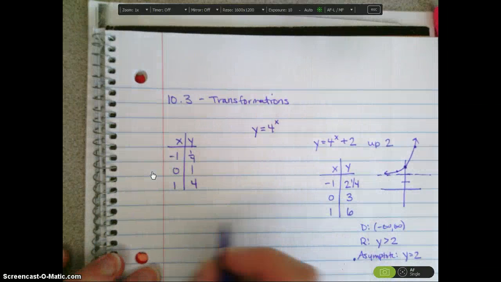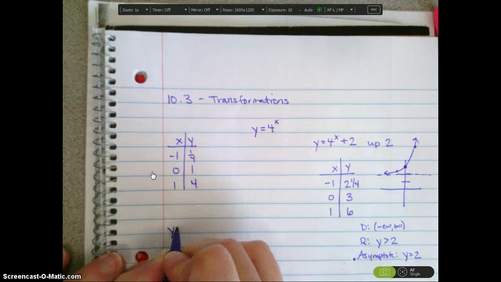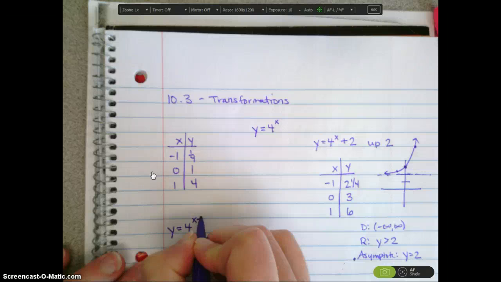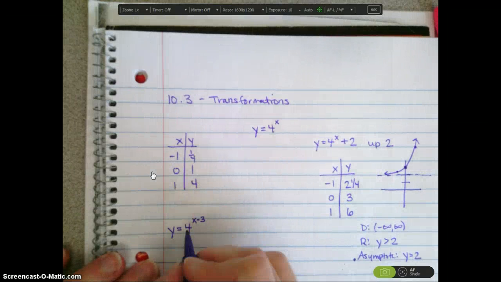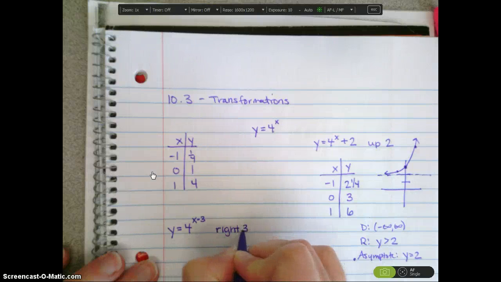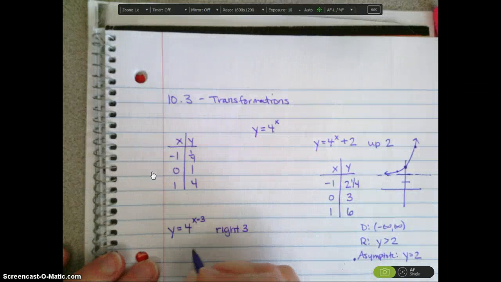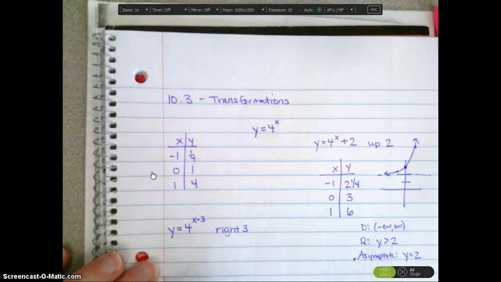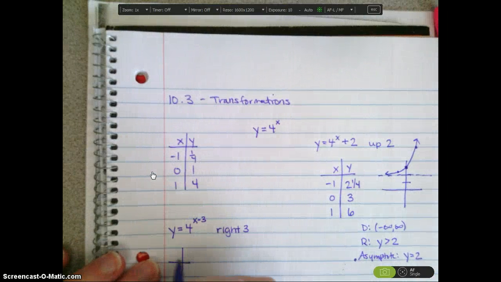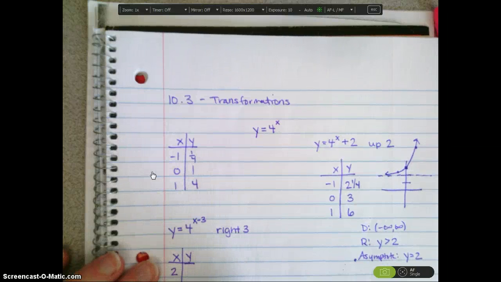We did other functions that shifted things around. We said if we had y equals 4^x and then we had x minus 3, that would shift us right 3. And all that would do is take our original graph and shift it right 3. So in the table, all that would change would be the x values: right 3, right 3, right 3.